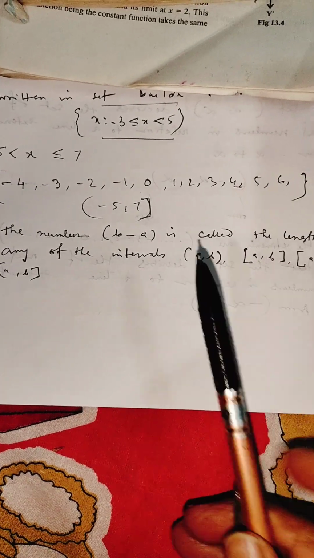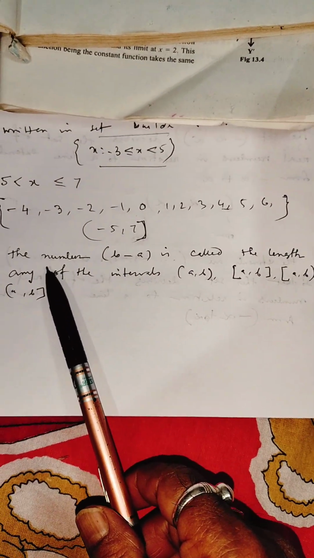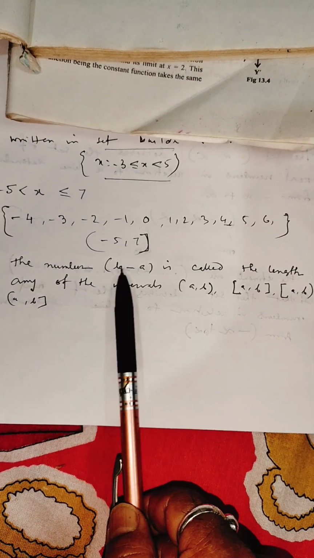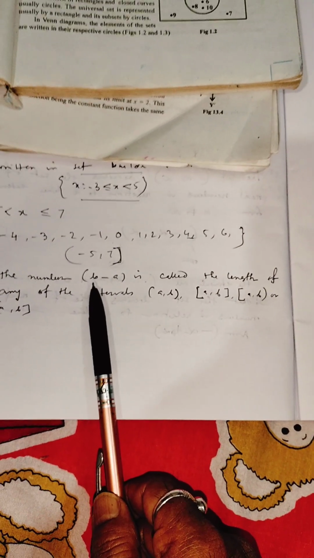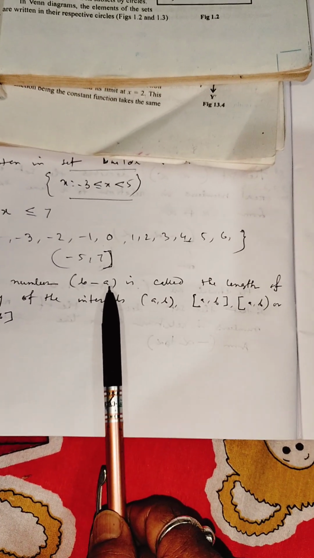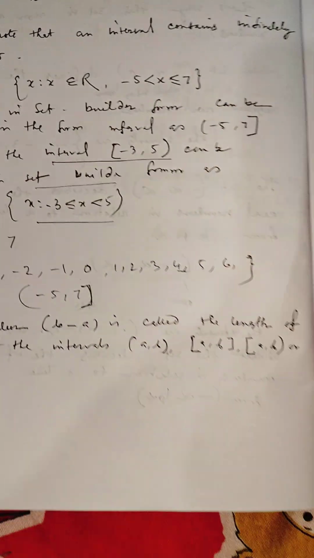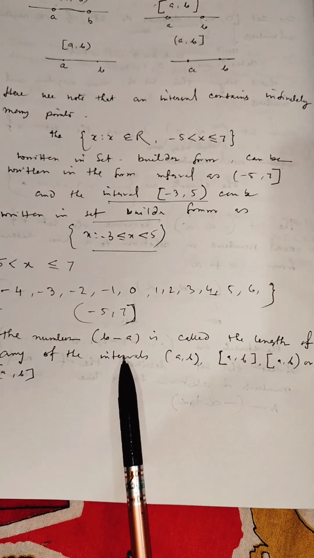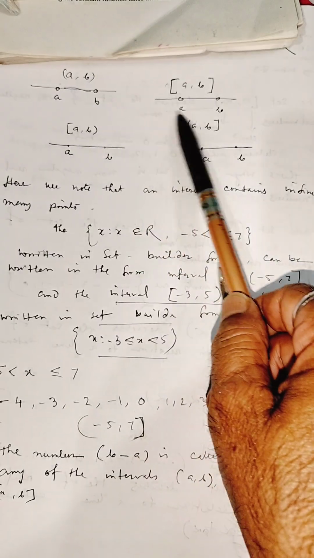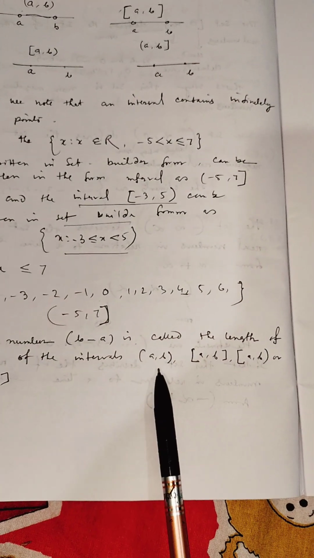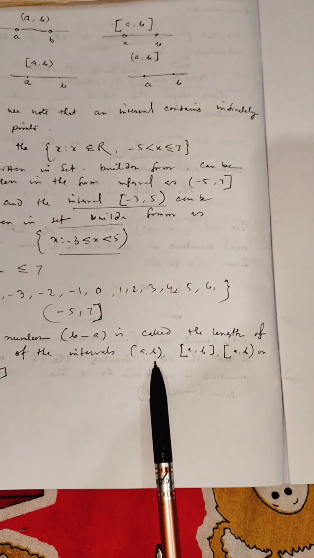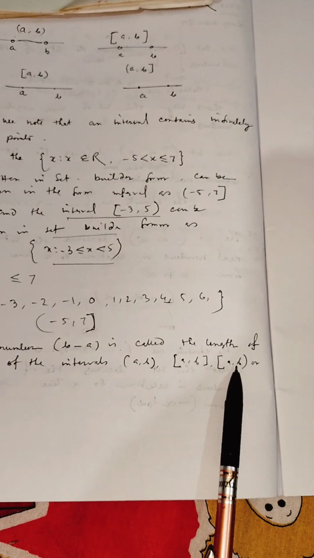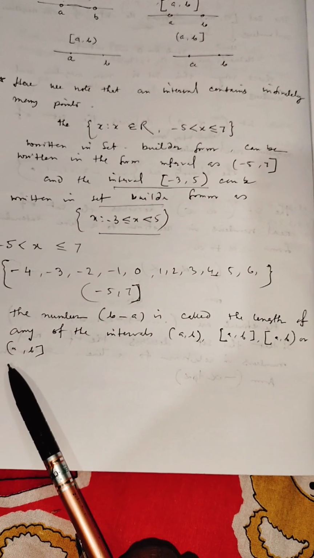Last point to be noted, please, my students: the number b minus a is a number, not a set, not an interval. b minus a is called the length of any interval, which is shown as given here. (a, b) both open, [a, b] both closed, one closed and one open, or one open and one closed.